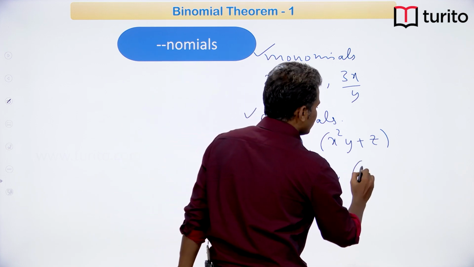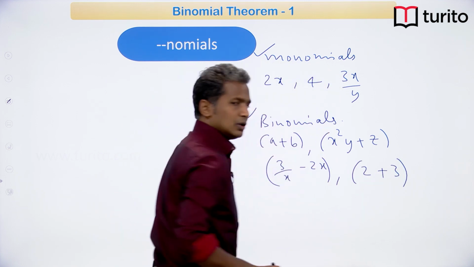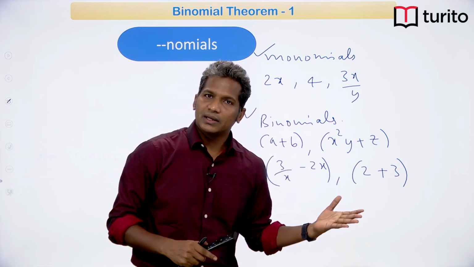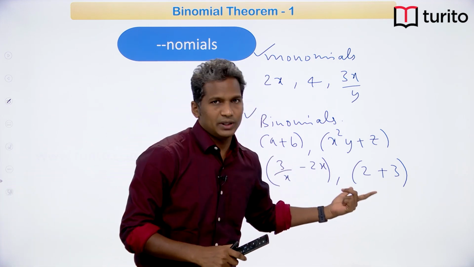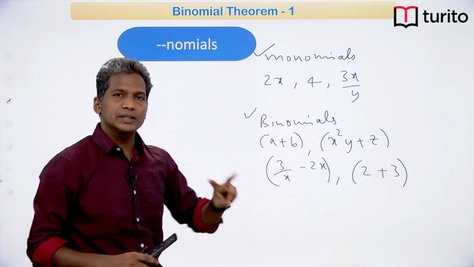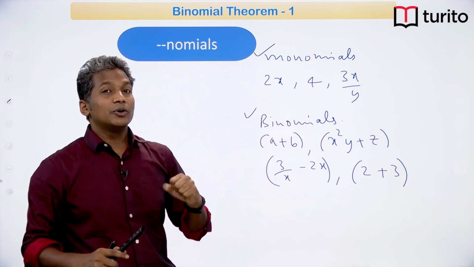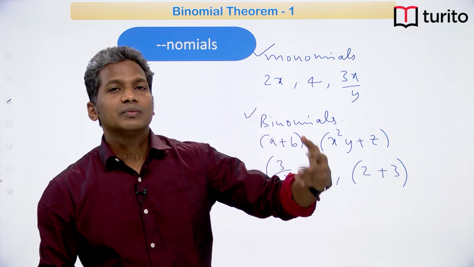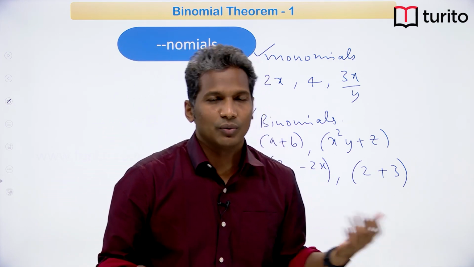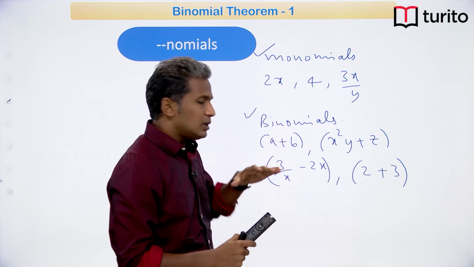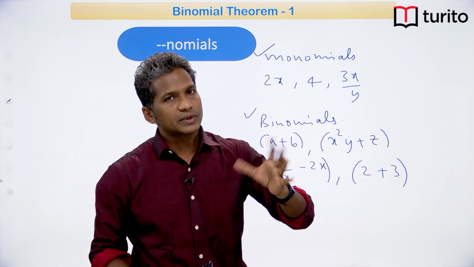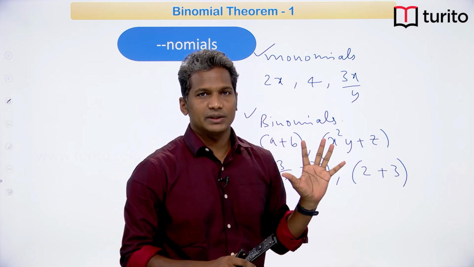Also we can just have a sum of two numbers. 2 plus 3 is a binomial. Even though 2 plus 3 is 5, we can still call this a binomial. So binomial means two terms. What about trinomial? Three terms. And if we have more than three terms, we call it a multinomial. In fact, starting from trinomials onwards, all are called multinomials.